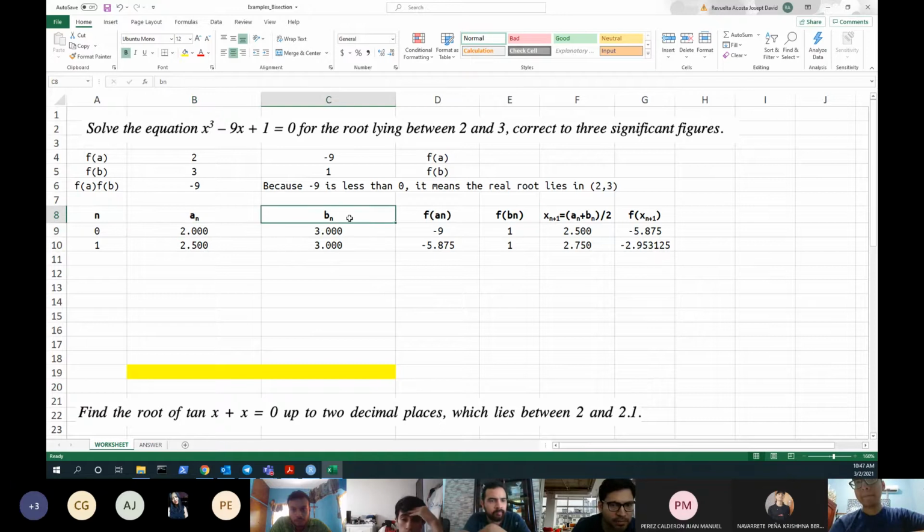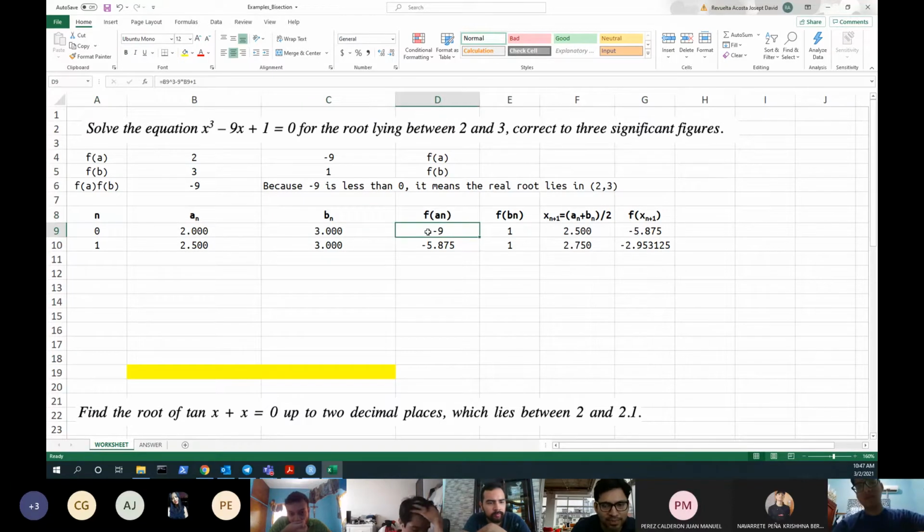Bn evaluated in B. And if you want to actually check that the solution is in here, you can see that if you multiply this one and this one, it's going to be a negative number. It's going to be negative, right? So I could say my root is lying. This is my checkpoint.